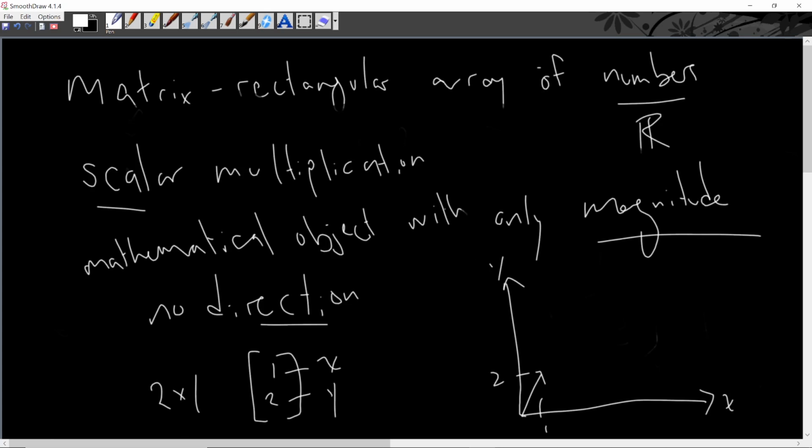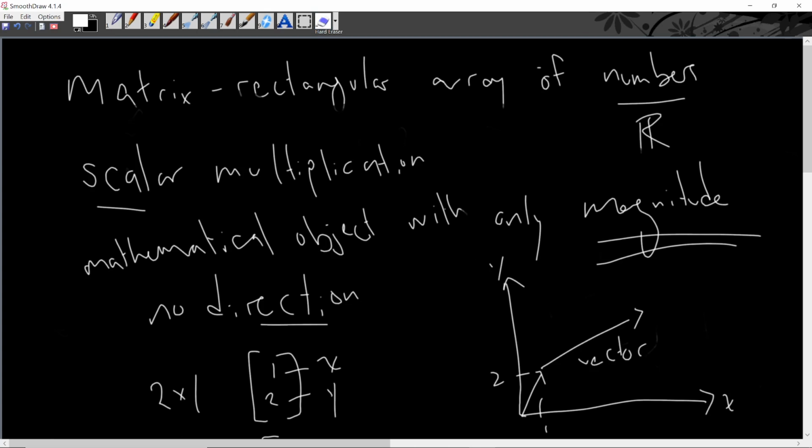And how do we show a scalar with our original vector? Well, a scalar only has magnitude. It does not have any direction. So if we multiply a scalar to a vector, we should just be increasing the magnitude of the original vector, right? It doesn't impact the direction in any way.